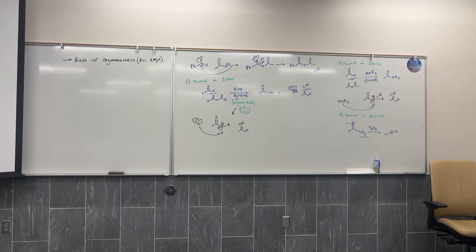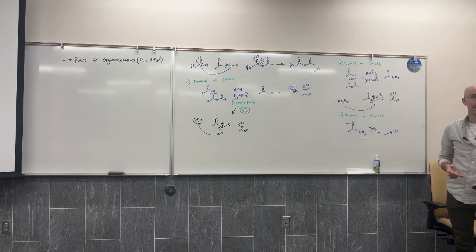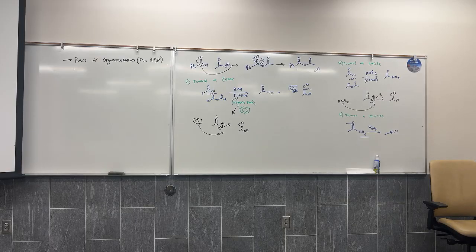What we see is that the acid halide, the acid anhydride, the ester all react with Grignards to add 2 equivalences of the Grignard. Remember that the aldehyde and the ketone only gave 1 equivalence.